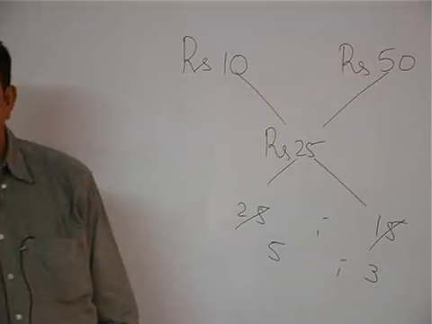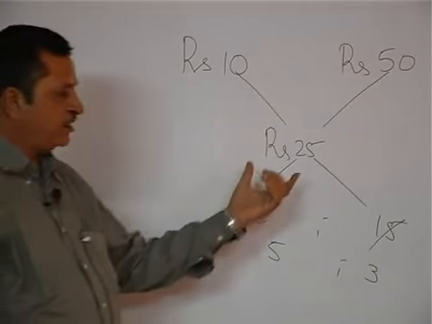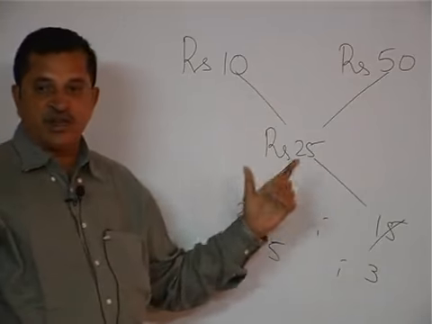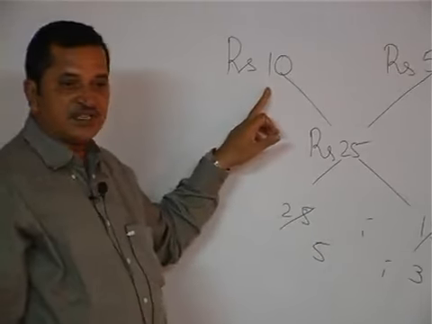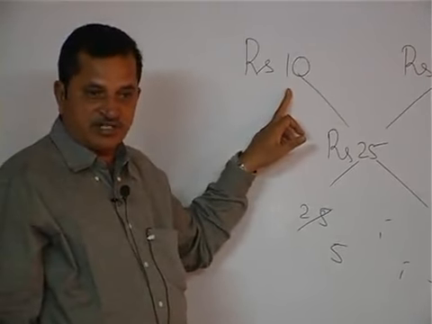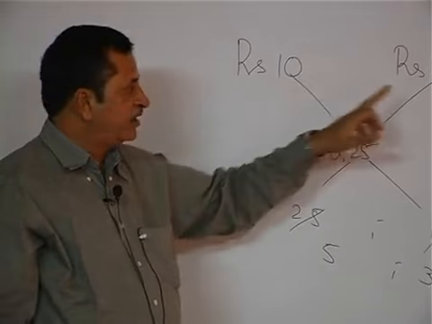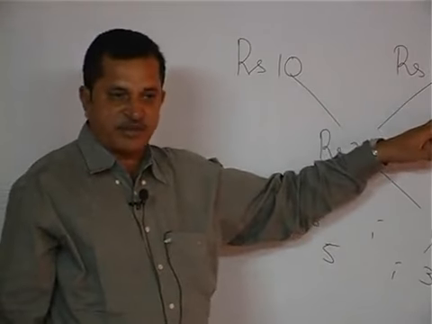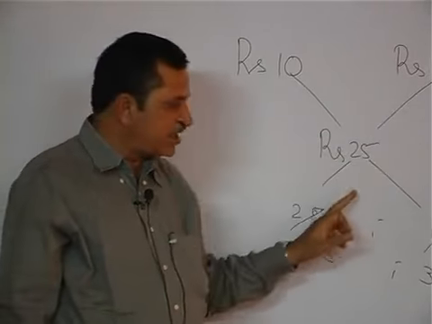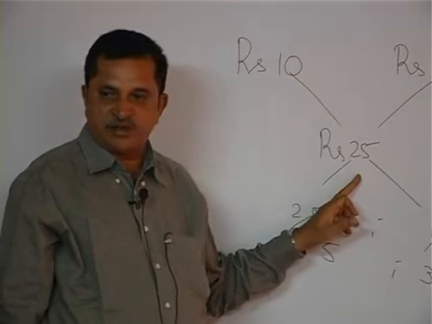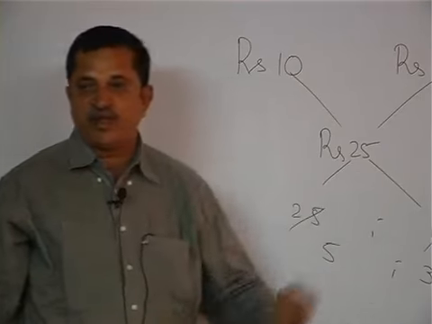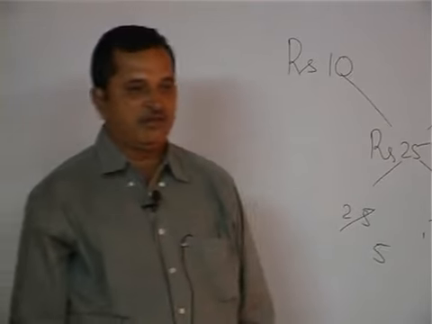If he can mix, then the required rate 25 will come out. Here also you see, this is the selling price of the shopkeeper, 10 rupees, and this is also the selling price of the shopkeeper, 50 rupees. So this is the way to find the required ratio of the problem.